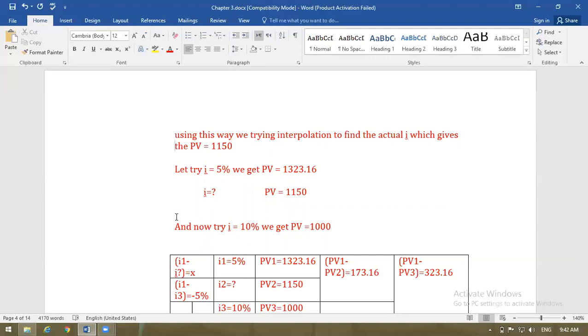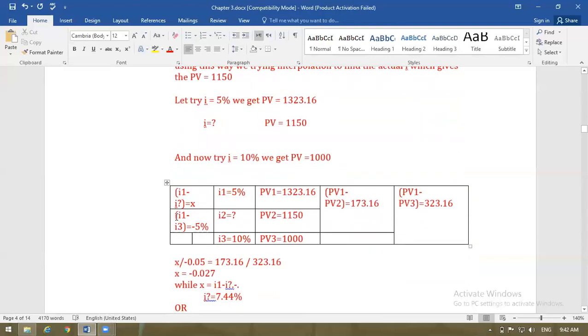So I intentionally lower the price of the bond from 1300 to below, so the interest rate will be increasing. So I use a 10% interest rate. At 10% interest rate, the present value of the bond will be 1000.